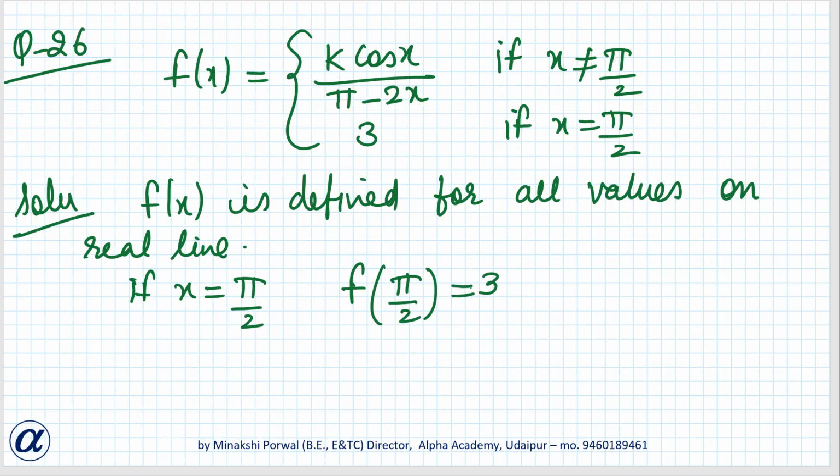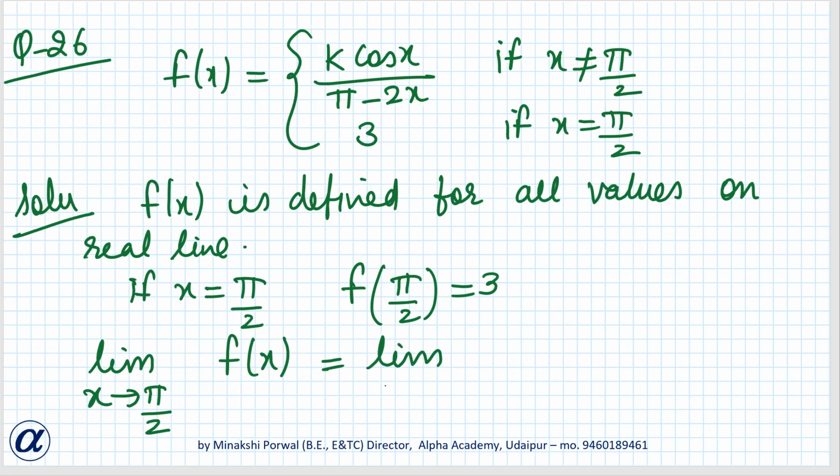Now limit when x tends to pi by 2. Other than pi by 2 its value is the same, so on both sides it will be the same. So first I'll write limit x tends to pi by 2 f(x) equals limit x tends to pi by 2 k cos x upon pi minus 2x.